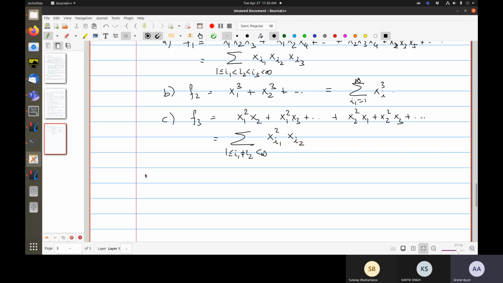And the idea is that the indexing set for a basis of lambda n is the set of partitions.